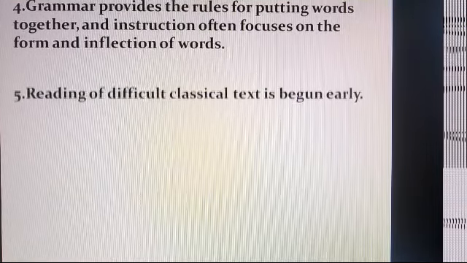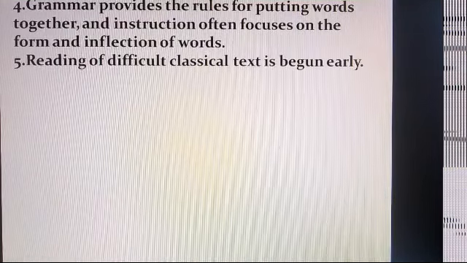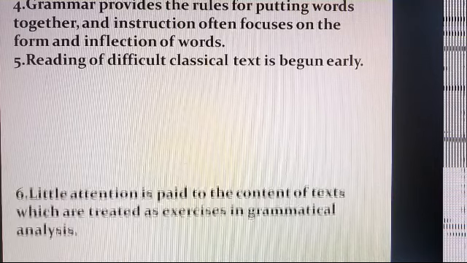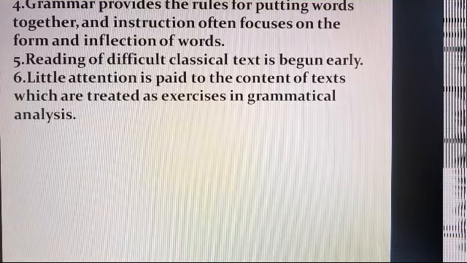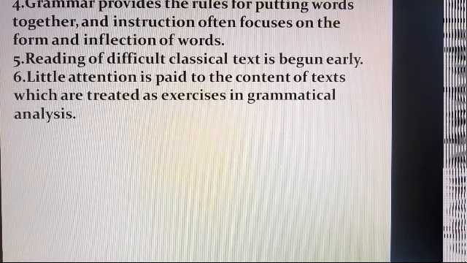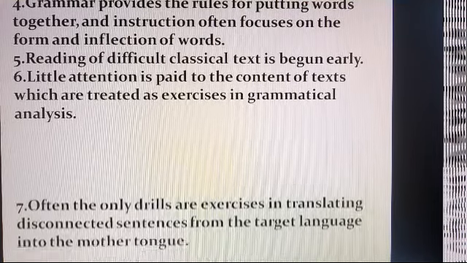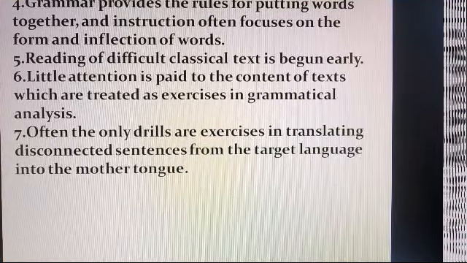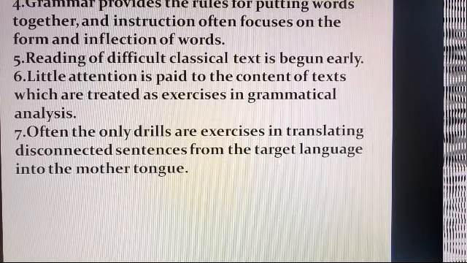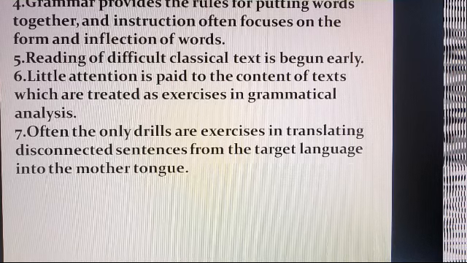Number 5, reading of difficult classical texts is begun early. Number 6, little attention is paid to the content of texts, which are treated as exercises in grammatical analysis. Number 7, often the only drills are exercises in translating disconnected sentences from the target language into the mother tongue.